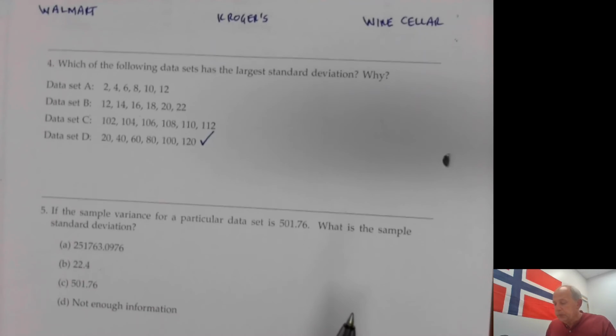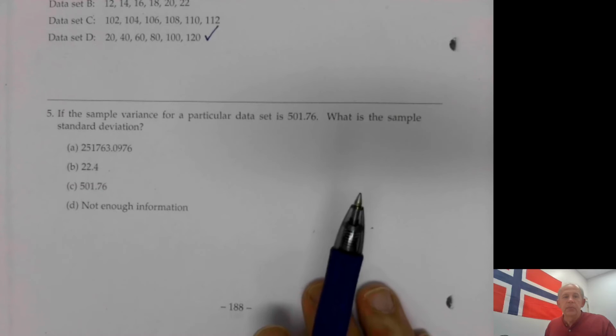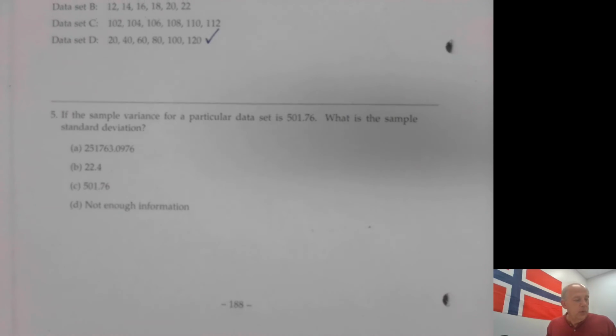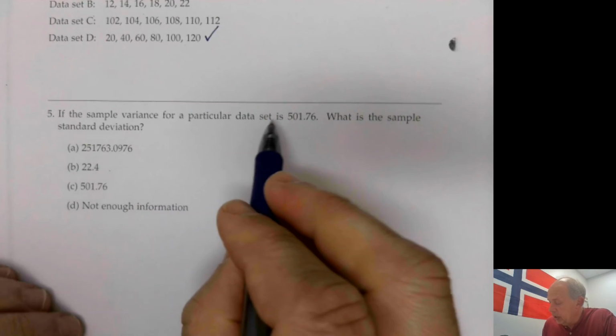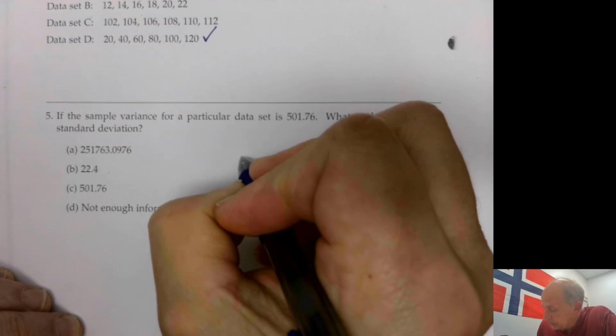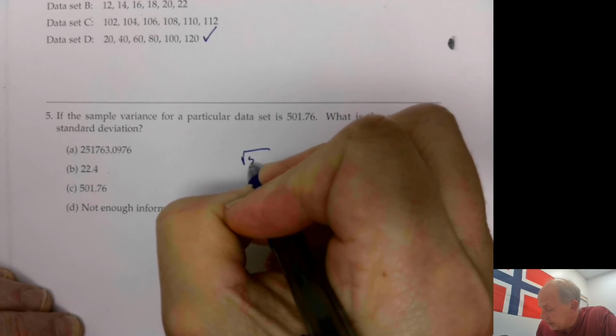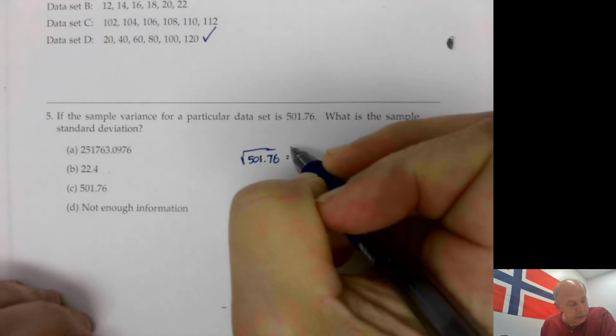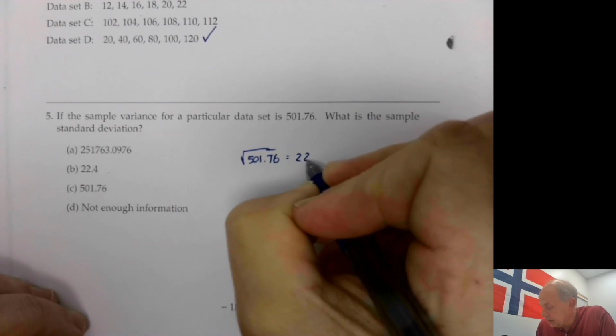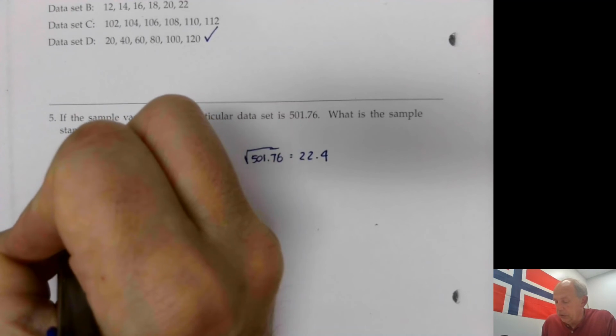Now, for example number 5, what we want to do, we want to figure out the sample standard deviation if the sample variance is 501.76. So all I have to do is take the square root, and when I do that, I get 22.4.